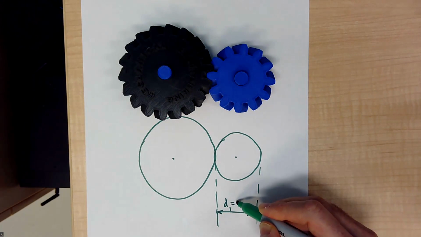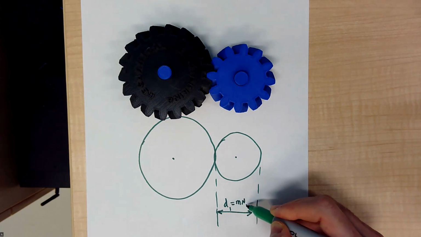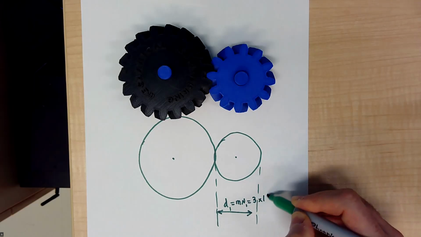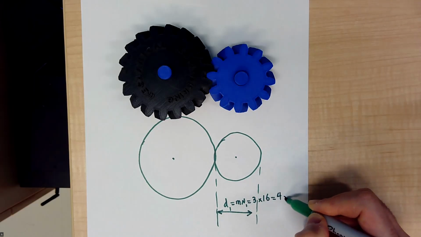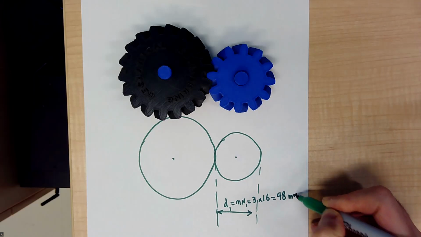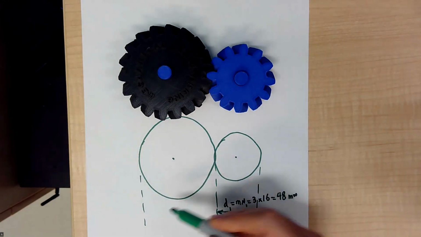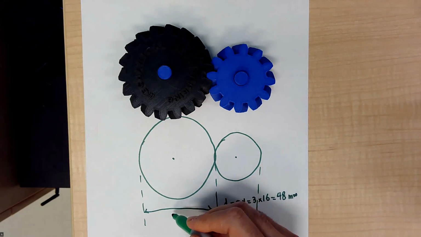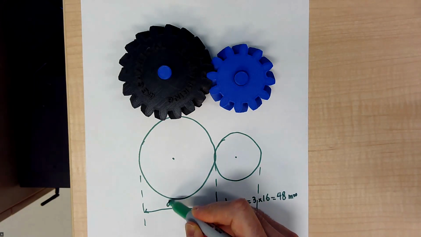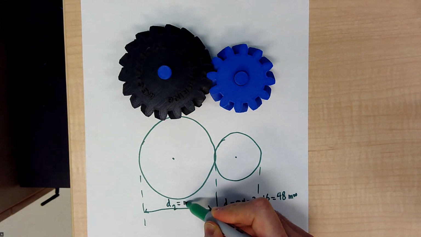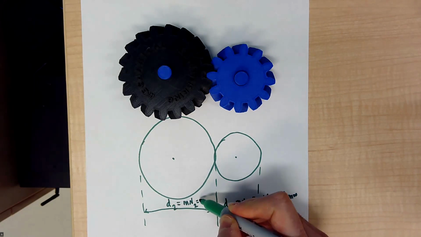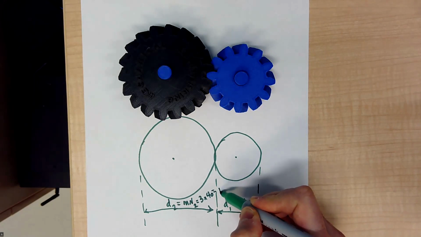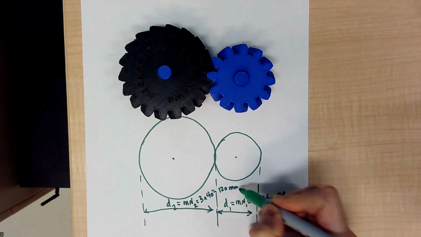D1 simply is M multiplied by N1. Our module was 3 and N1, 16. So it gives me 48 millimeters. The second gear, the diameter of the second gear, let's call it D2, simply is M multiplied by N2, 3 multiplied by 40, which gives me 120 millimeters.